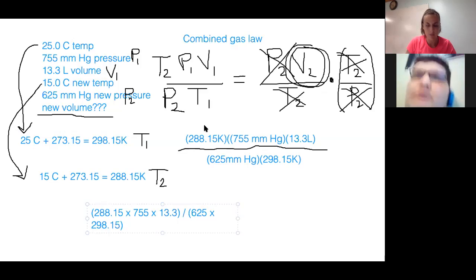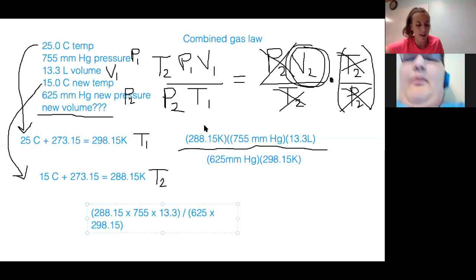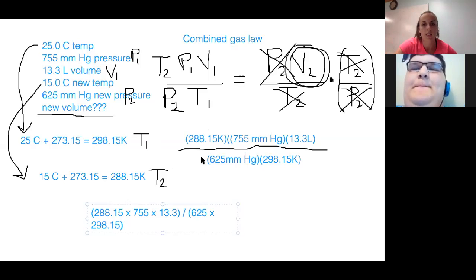So I'm going to plug it in and make sure I get the right answer. All right, I got 15.527, and the unit is going to be liters because that's what we're working with for volume.